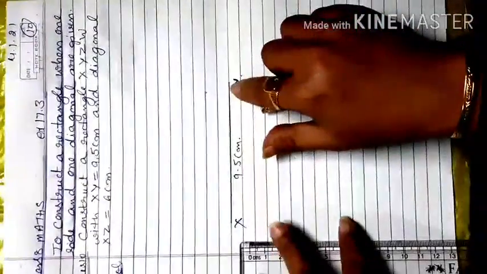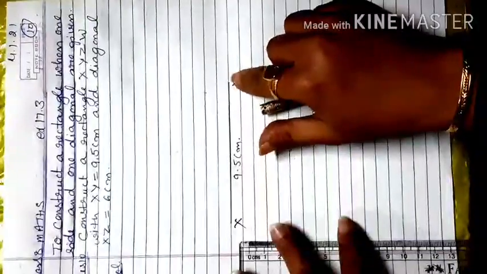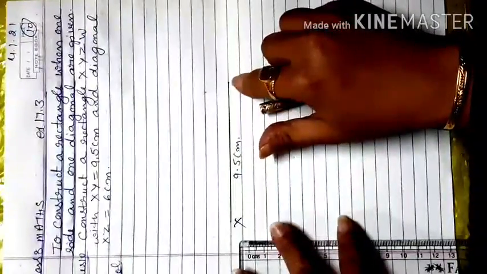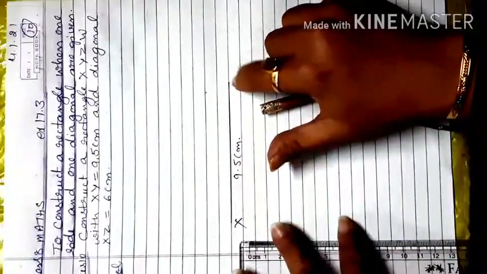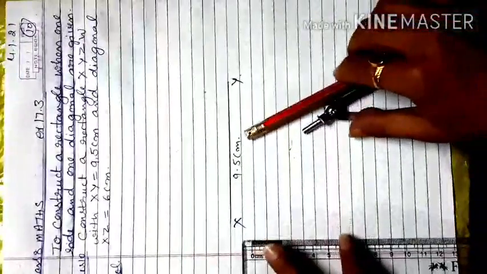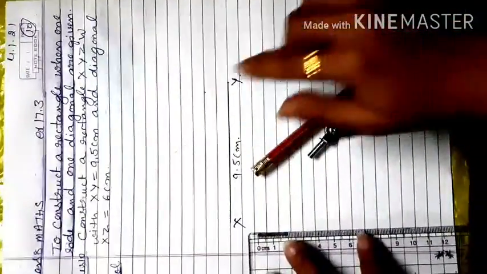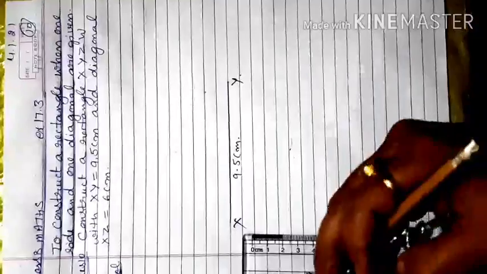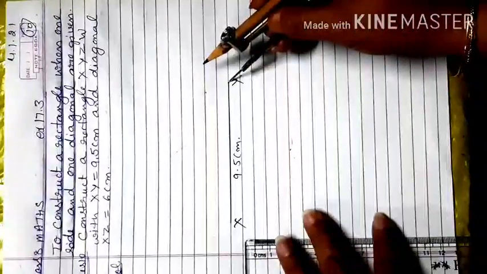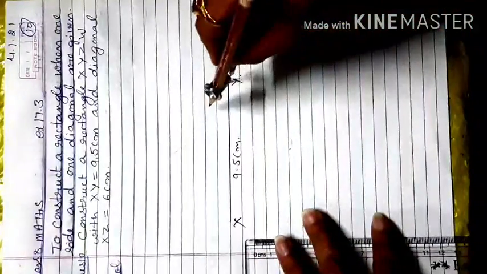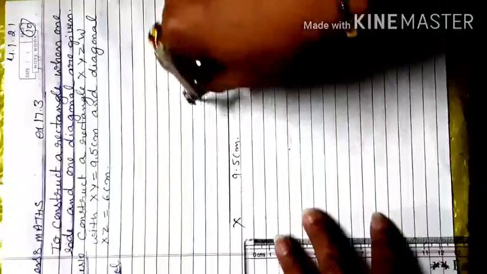Now the condition is that at Y, the angle will be 90 degree. So first I will draw the angle at Y as 90 degree. This is XY.